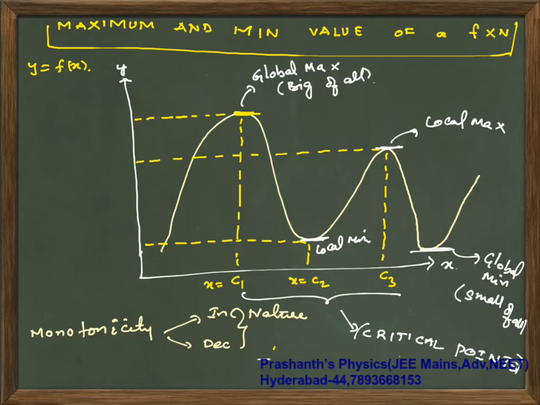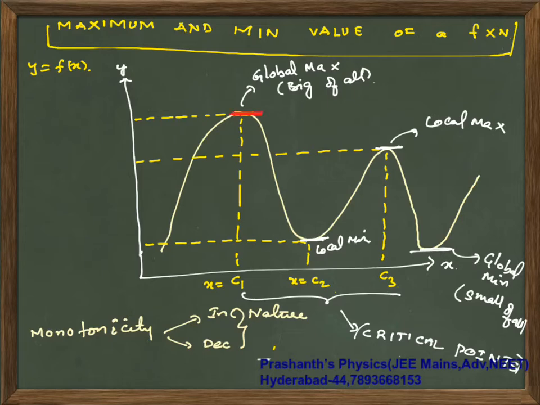Now if you observe carefully, how this is related to derivatives, I will tell you. If you draw a tangent at all these points, let us say I am drawing the tangent with red color.